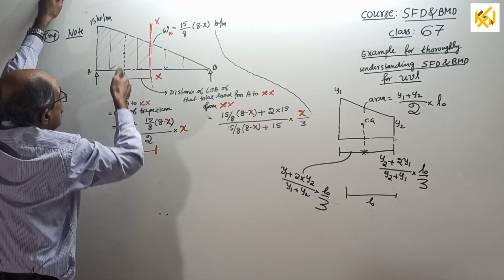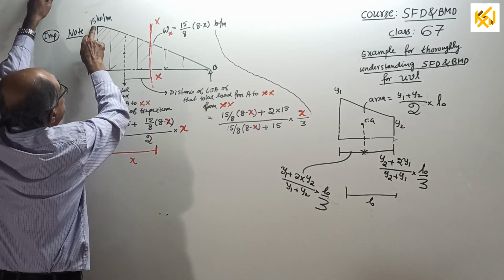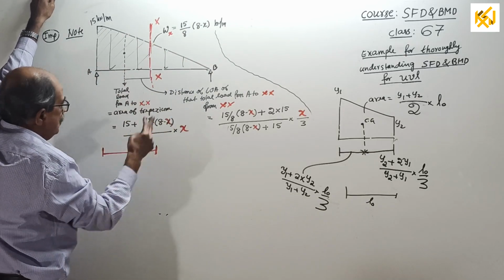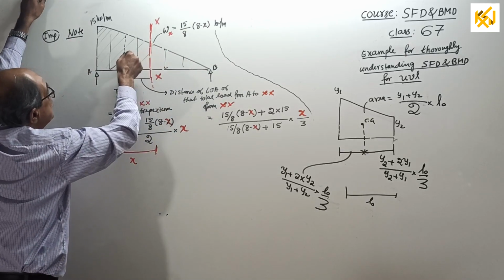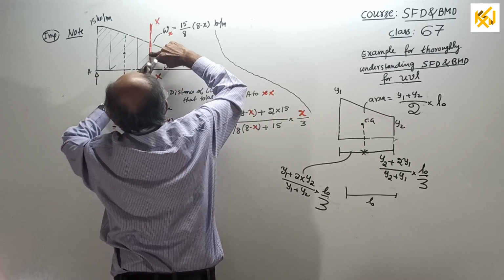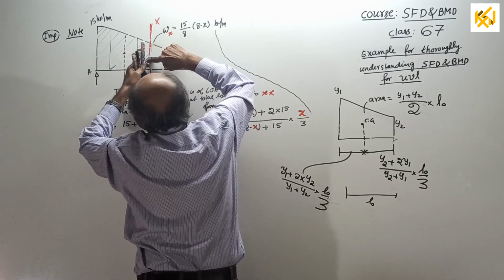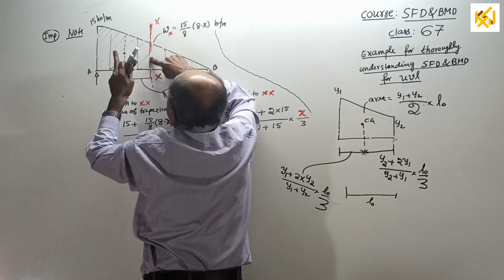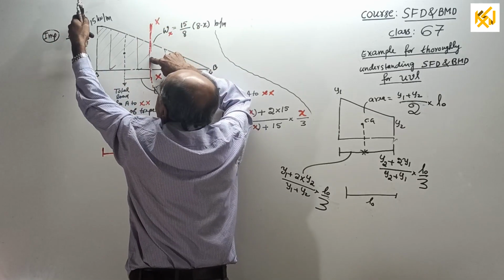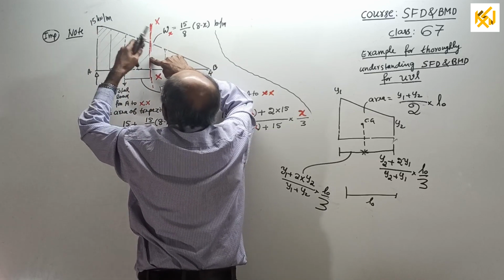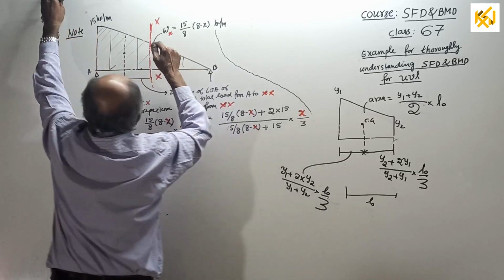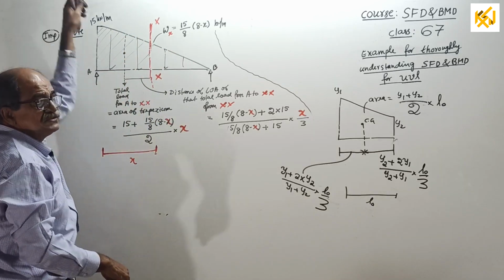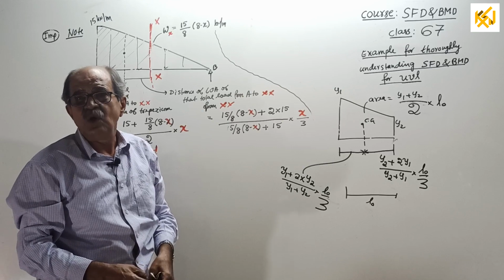The total load, as I just told, is 15 plus 15 by 8 into 8 minus x divided by 2 into x, into this distance we want. That distance will be, from here, this side 15 by 8 into 8 minus x plus twice the other side, 15, divided by the sum of these two sides, multiplied by the distance between the two sides divided by 3. Thoroughly understand again and again and solve.